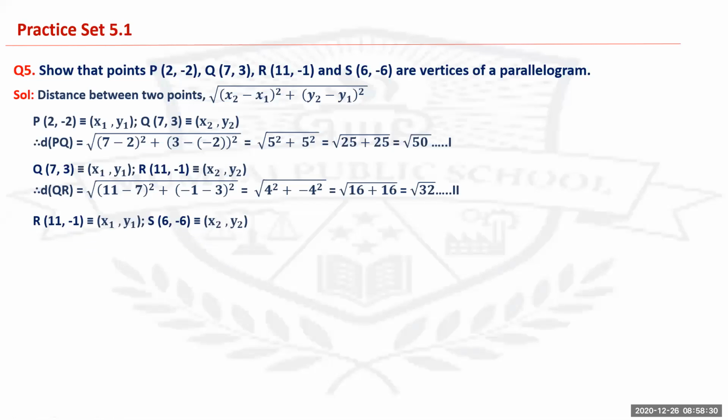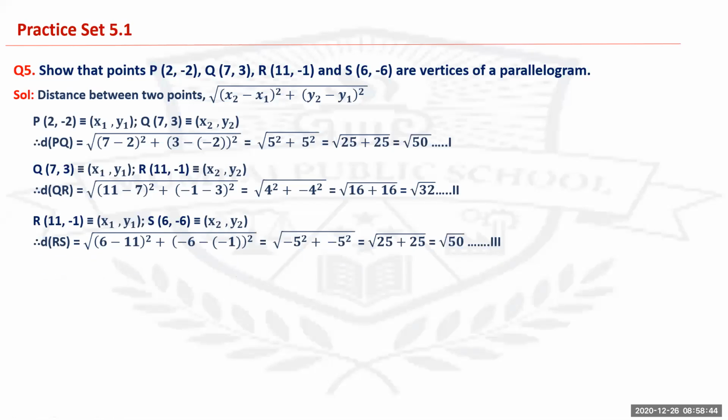We'll find the third side. Third side is RS. R 11 comma minus 1 is now considered as x1 y1. S 6 comma minus 6 is considered as x2 y2. Therefore distance of RS is under root of 6 minus 11 the whole square plus minus 6 minus of minus 1 the whole square, equals minus 5 square plus minus 5 square.